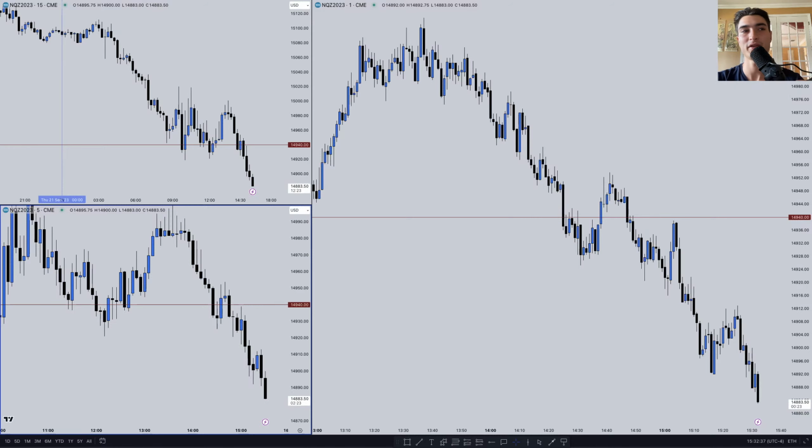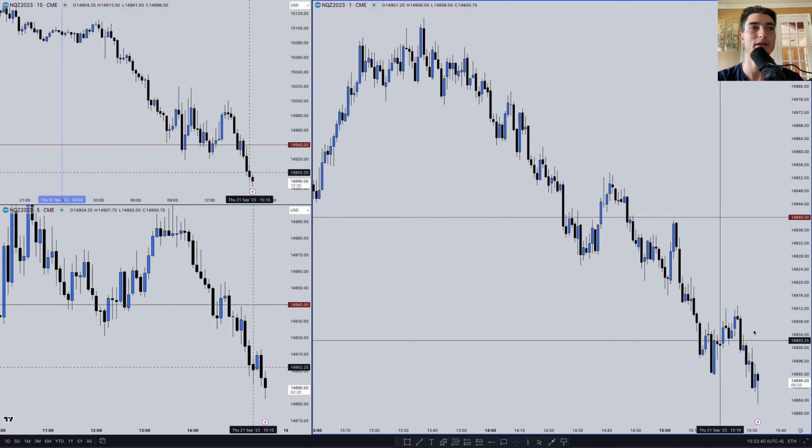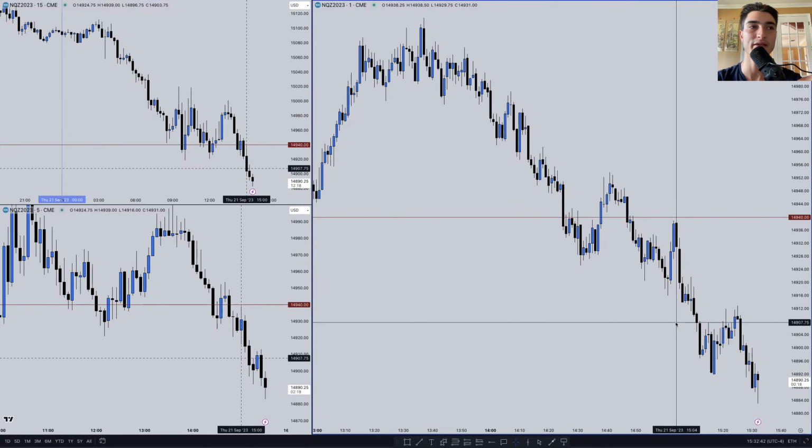Can you explain handles? Handles is just 1 point. So 1 point in the NASDAQ or 1 point in the S&P, we refer to it as a handle.